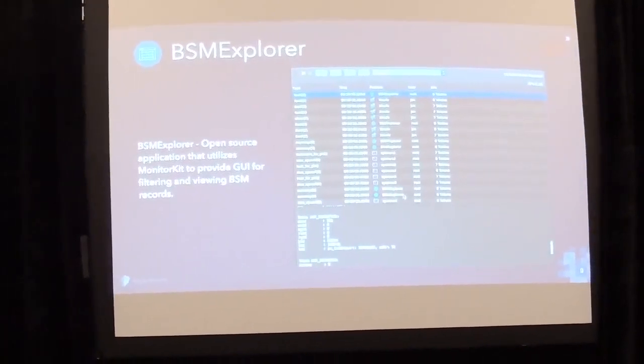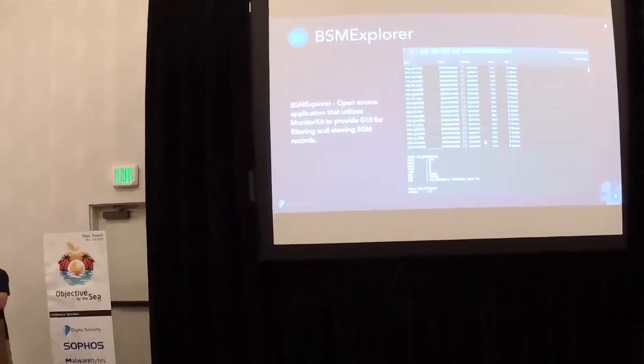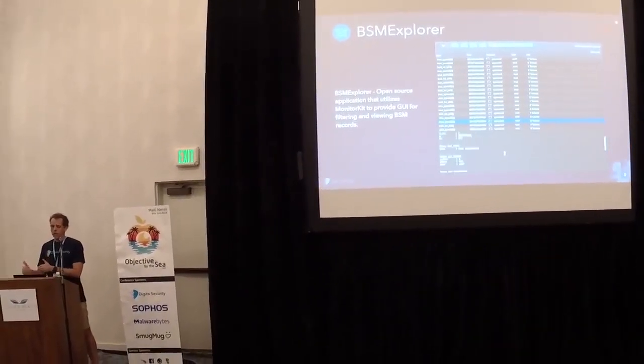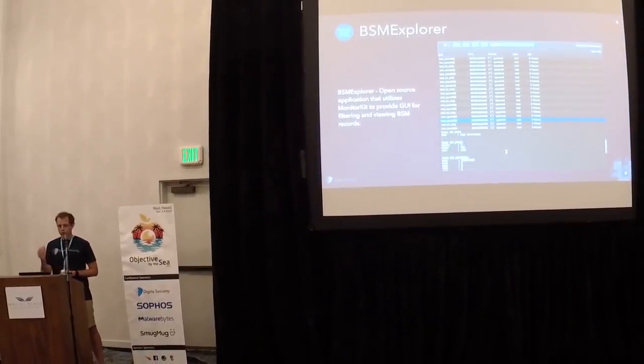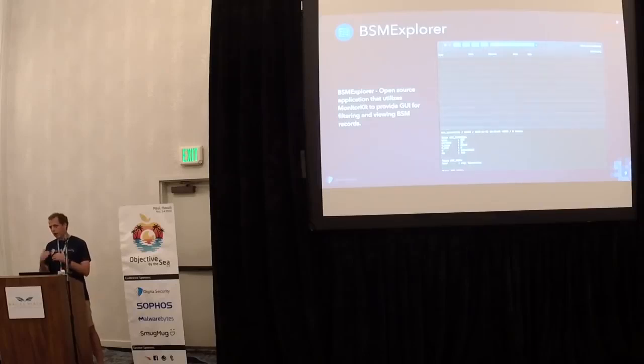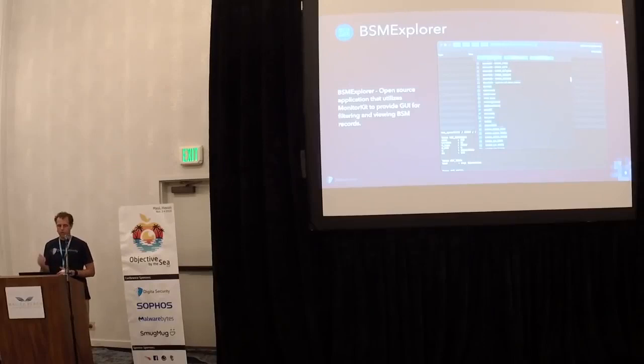In the application, you can set the audit class filter that you want, as well as the record types that you want. You can fire this up quickly on a machine and start capturing all this stuff, and up top you get the record, and down below you get all of the parsed out tokens. Nothing crazy, but we found it very useful for diving into, if we set this audit class filter, what are all the events we're going to get? And how can we have a look at those quickly to see what they are?